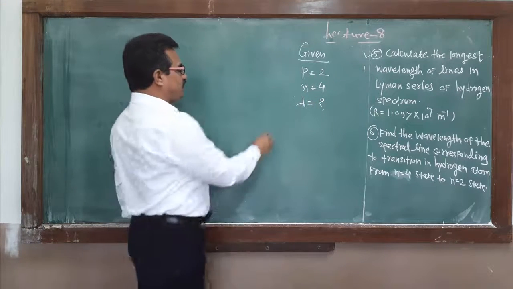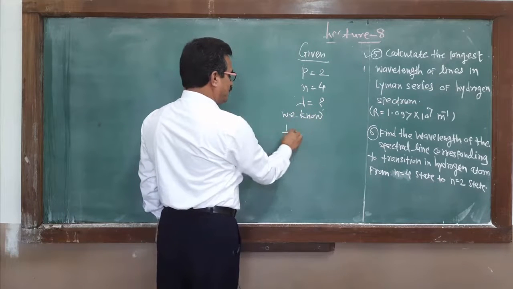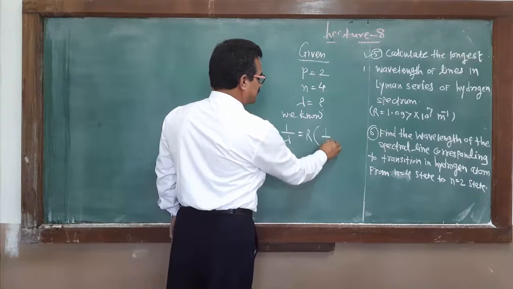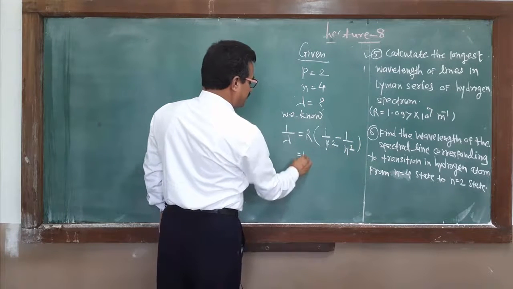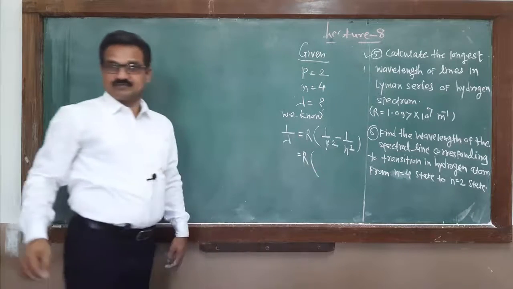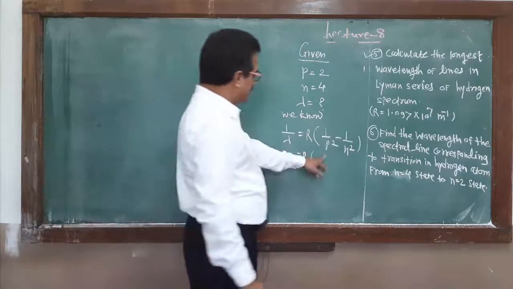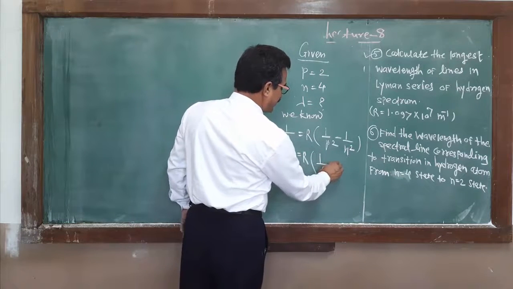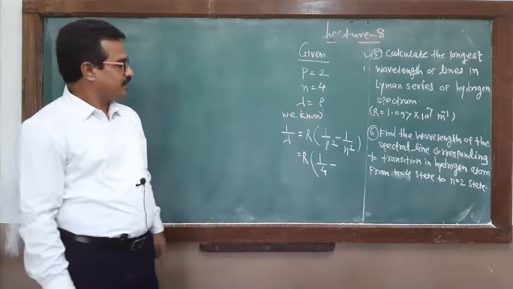Again, use the same formula, Bohr formula. We know 1 upon lambda is equal to R in bracket 1 upon p square minus 1 upon n square. That must be equal to R in bracket. What is the value of p? P is equal to 2. Means 1 upon 4, minus, what is the value of n? The value of n is 4.